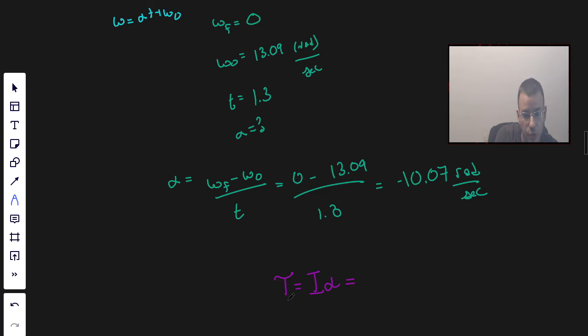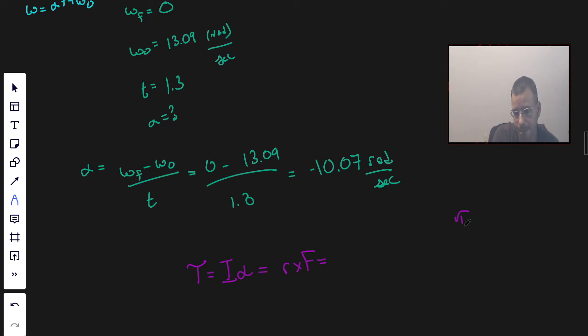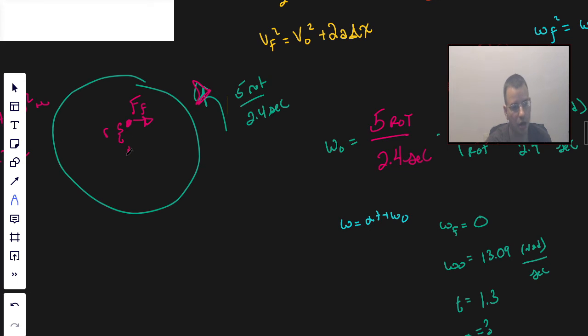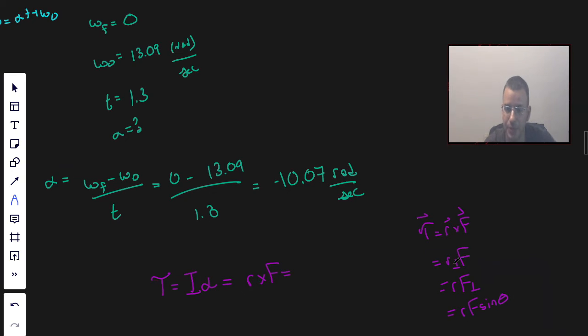We also know that torque equals R cross F. These are all supposed to be vectors, which is similar to R perpendicular F, or RF sine of theta, where theta is the angle between R and F. In this case, it's going to be perpendicular because R is going to be this direction, F is going to be that direction, so the angle between the two vectors is 90 degrees, and a cross product is a measure of how perpendicular two vectors are.